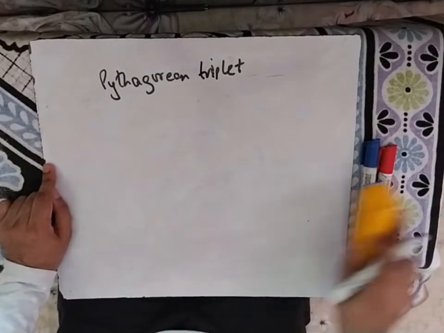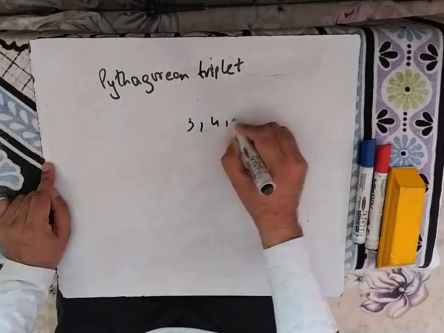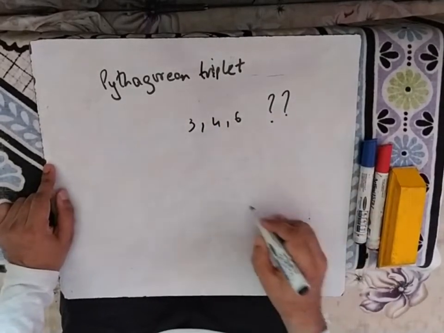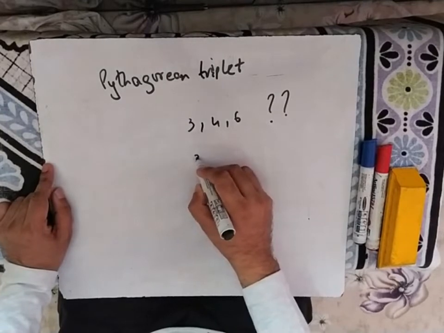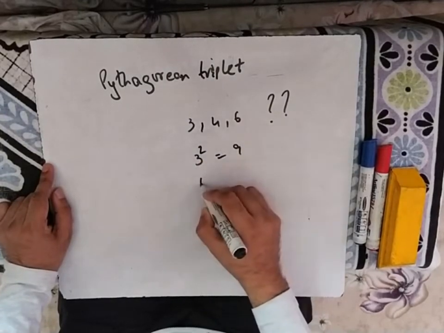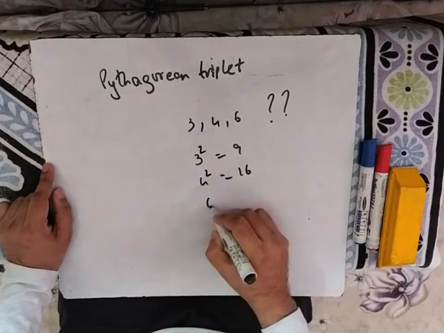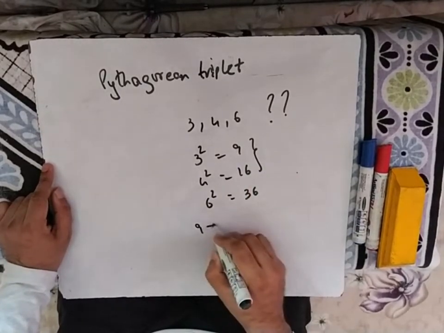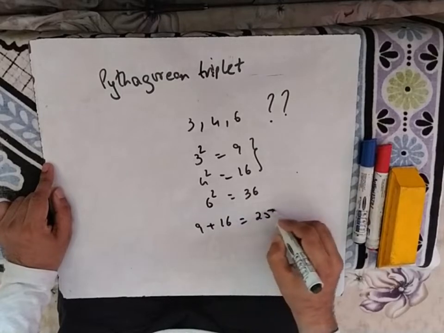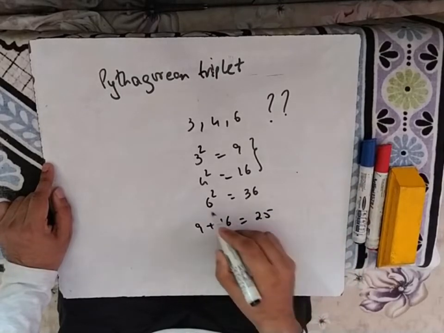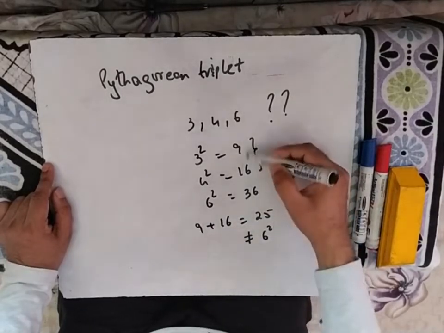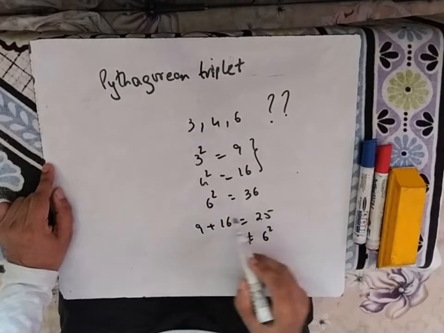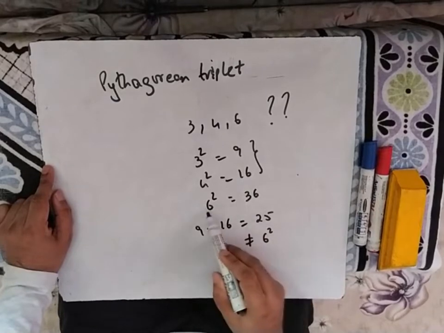Now let's check whether 3, 4, 6 will be called as a Pythagorean triplet or not. Square all three. 3 square is 9, 4 square is 16, 6 square is 36. Add 9 and 16. 9 plus 16 is 25, which is not equal to 6 square. The answer we got on adding 9 and 16 is not equal to the third number 6 square.